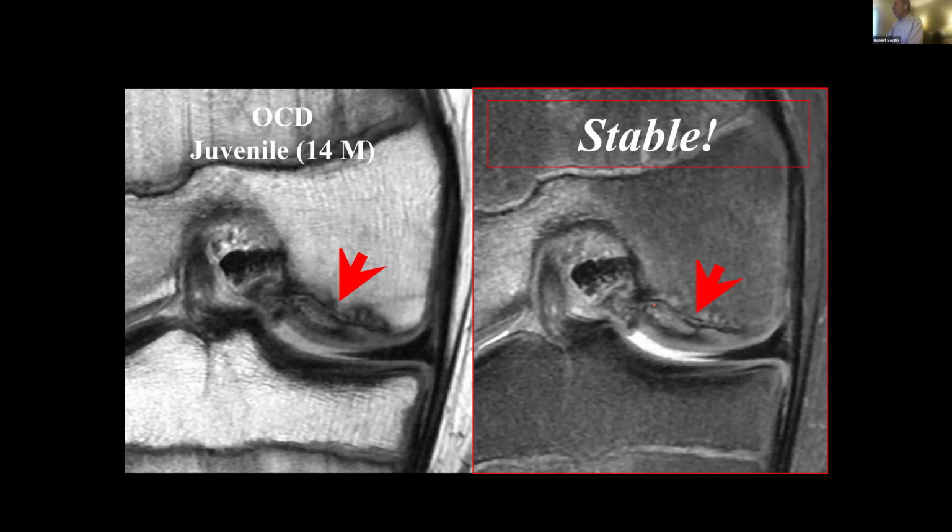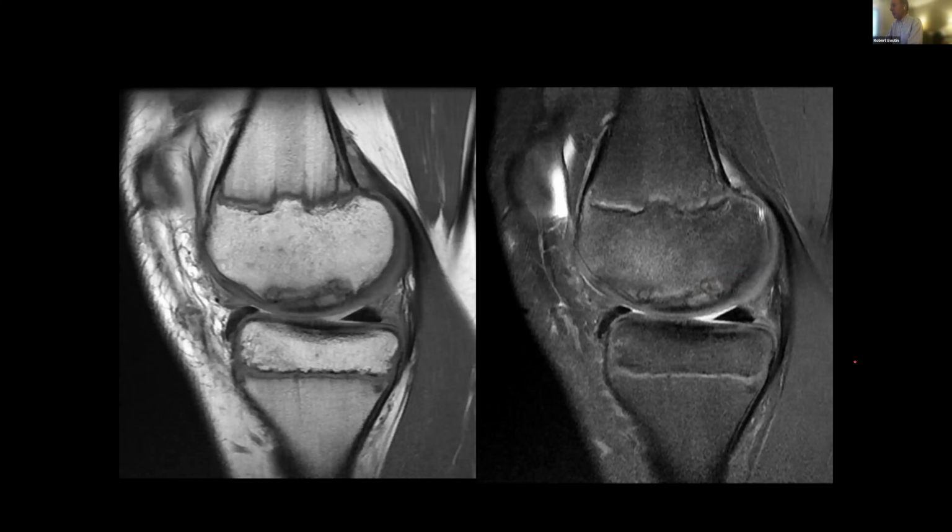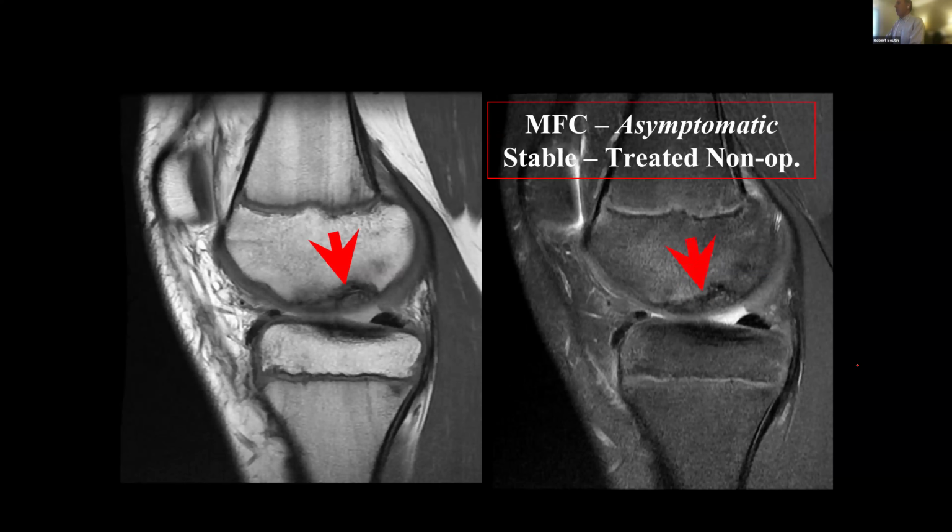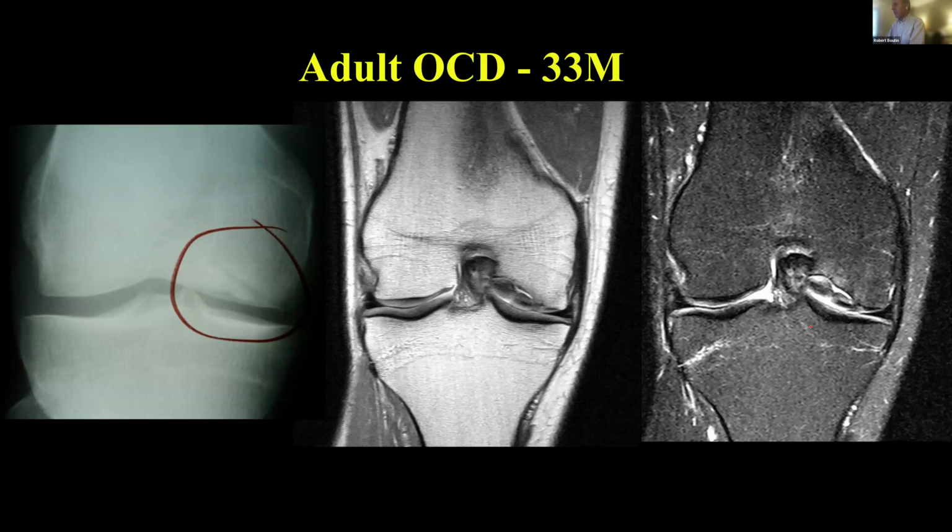We can suggest that because we don't see any abnormal fluid signal at the interface between the lesion and the host bone. We don't see any big cysts at the interface. We don't see any break in the cortex across the subchondral bone. This is a stable lesion. It was actually asymptomatic, stable, treated non-operatively. The patient did great.